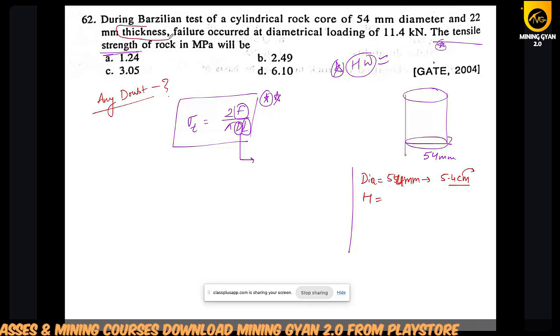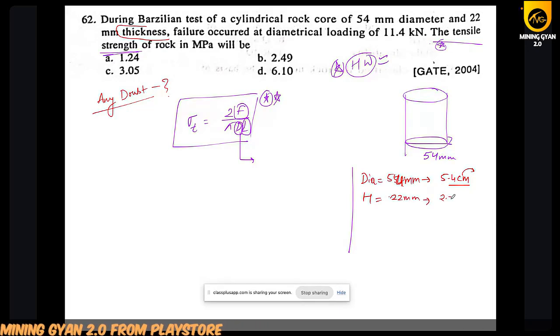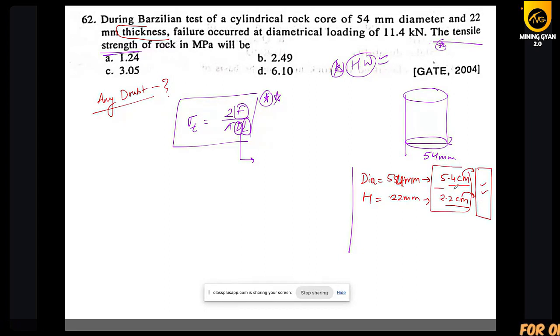If he is talking about the thickness, this will be the height, which is 22 mm. If you convert into centimeter, it will be 2.2 centimeter. You can convert it to meter also. It's up to you.